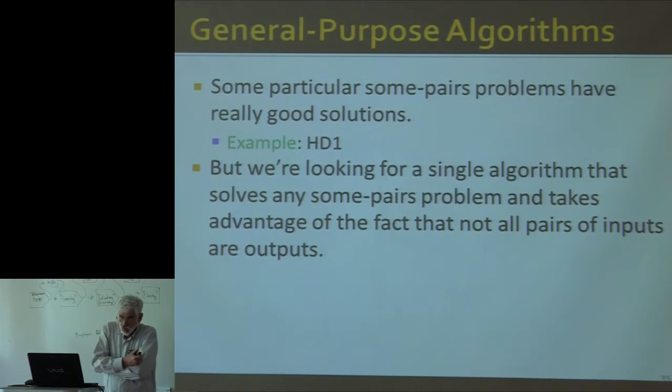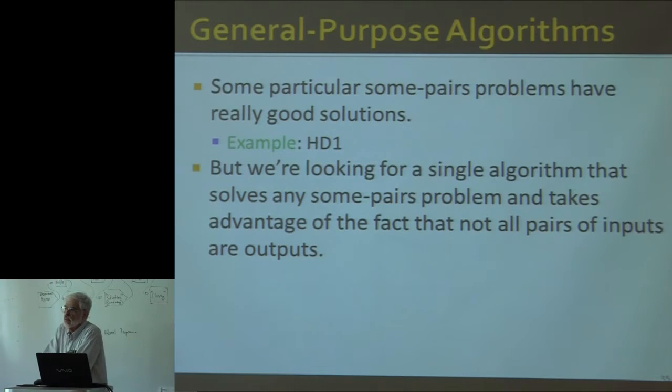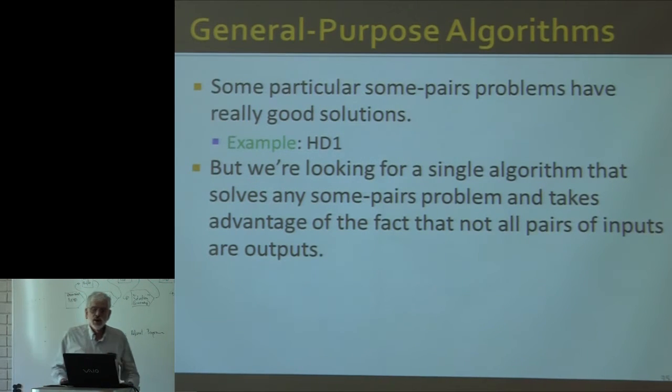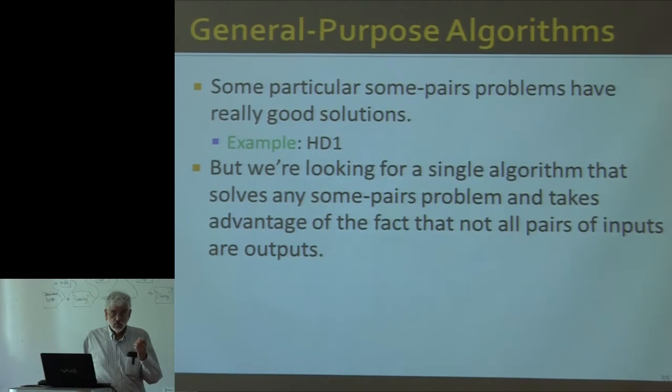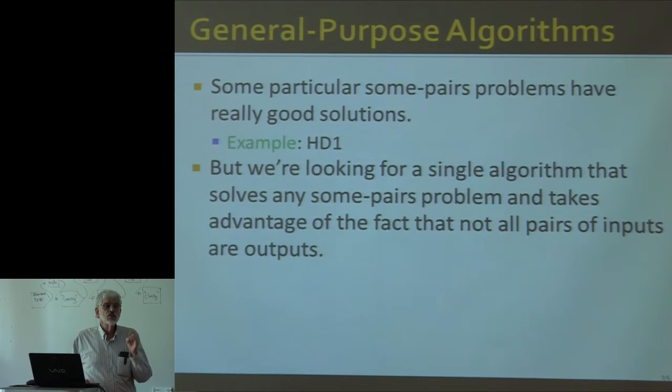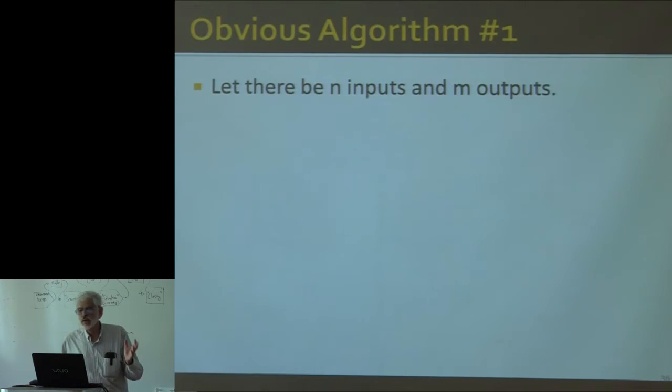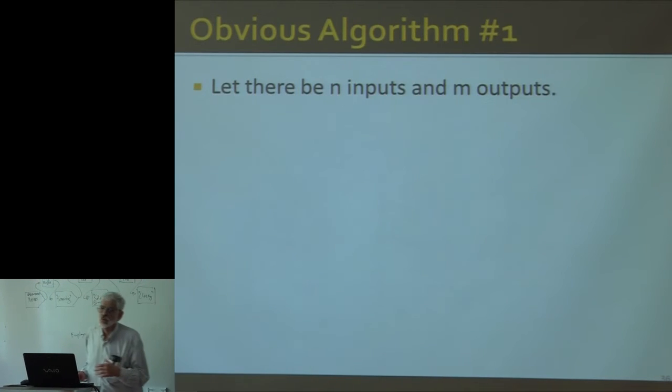What I'd like to do though is ask: is there some algorithm that works for any sum pairs problem and takes advantage of the fact that not all pairs are present? And again, it turns out that there really isn't. But let's suppose that there are n inputs and m outputs.